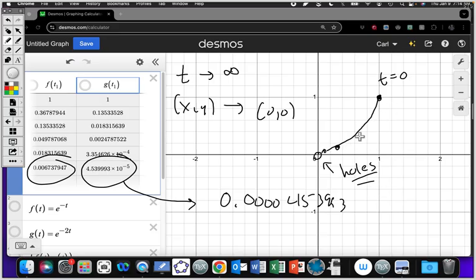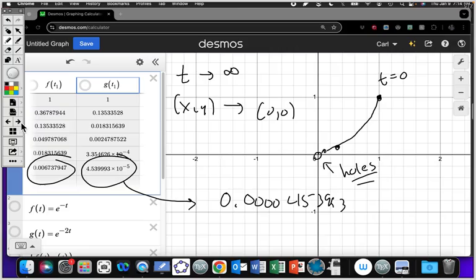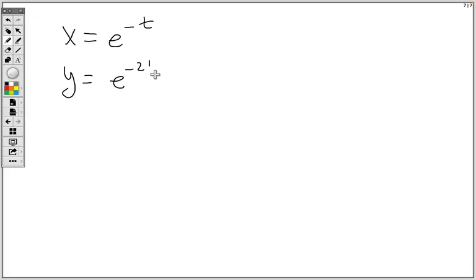But we could try to analyze what curve that is. So we can try to eliminate the parameter here. X is e to the minus t, y is e to the minus 2t.